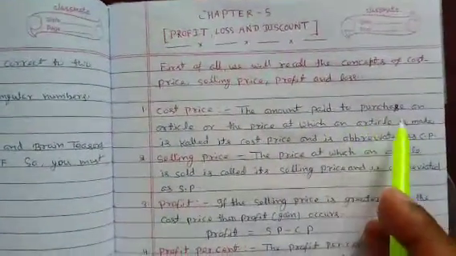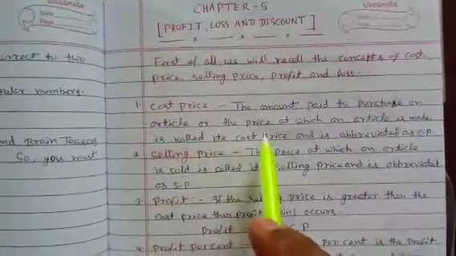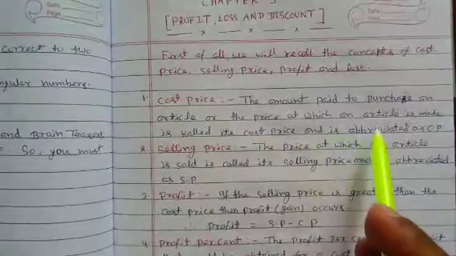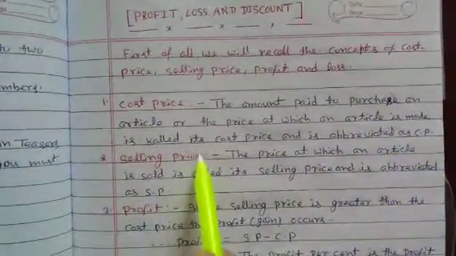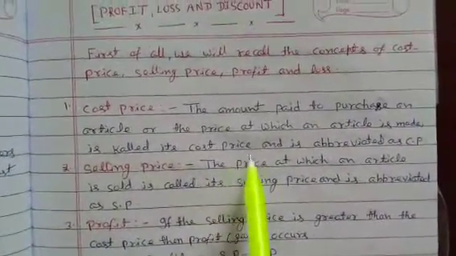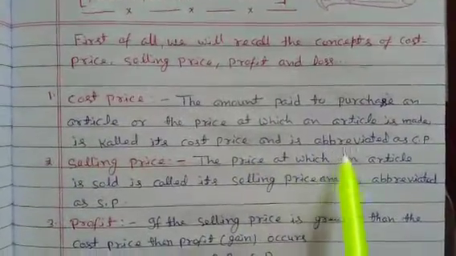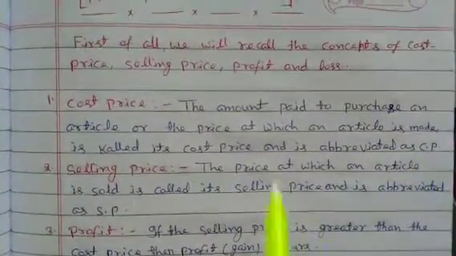First, cost price: the amount paid to purchase an article, or the price at which an article is made, is called its cost price and is abbreviated as CP.